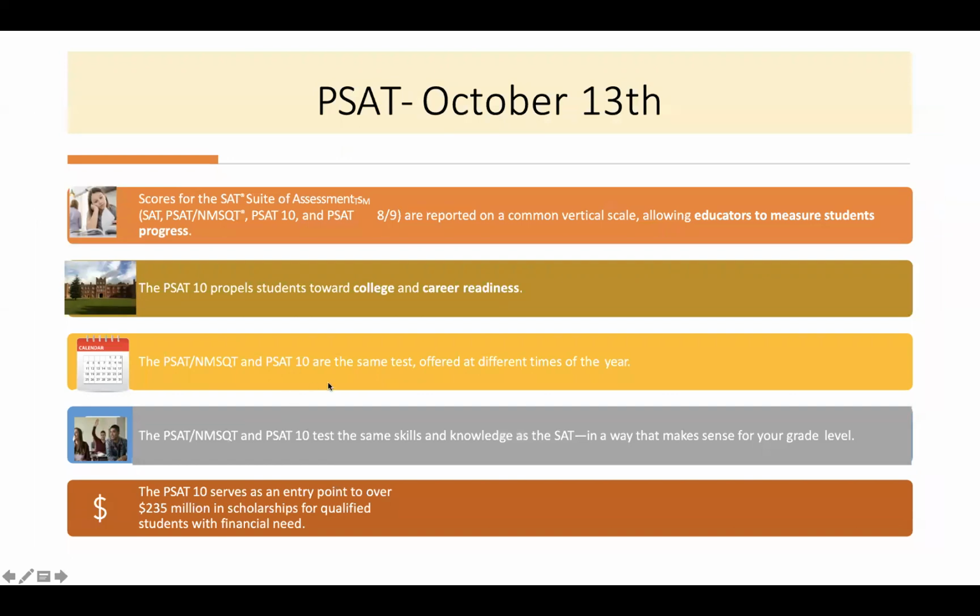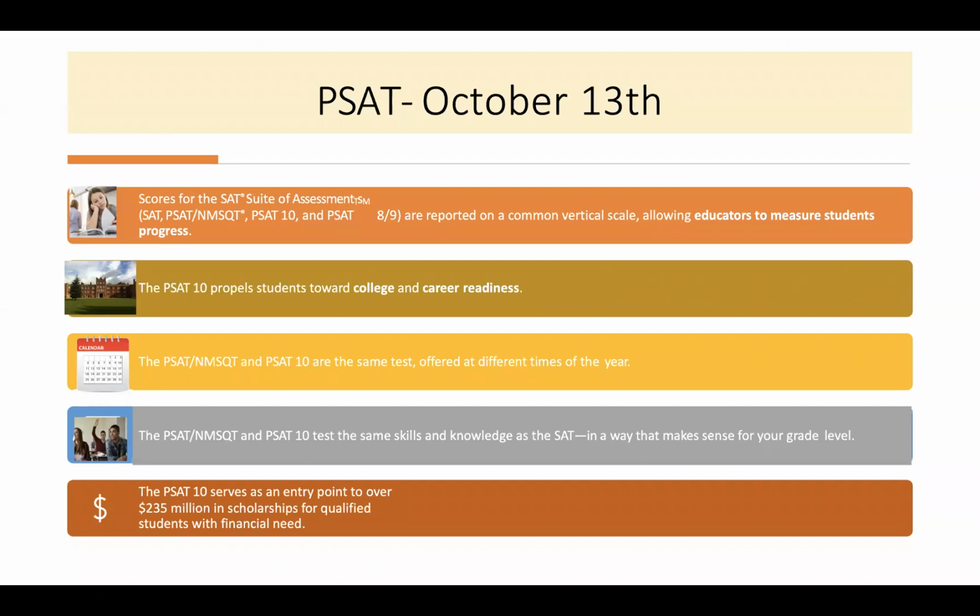So the SAT is the one they use for the college. The PSAT is sort of an indicator of what you're going to score on the SAT. And the PSAT is very helpful because it gets you in the mode and understanding what you're going to be tested on in the SAT. There are 2 tests called PSAT, and they're exactly the same.